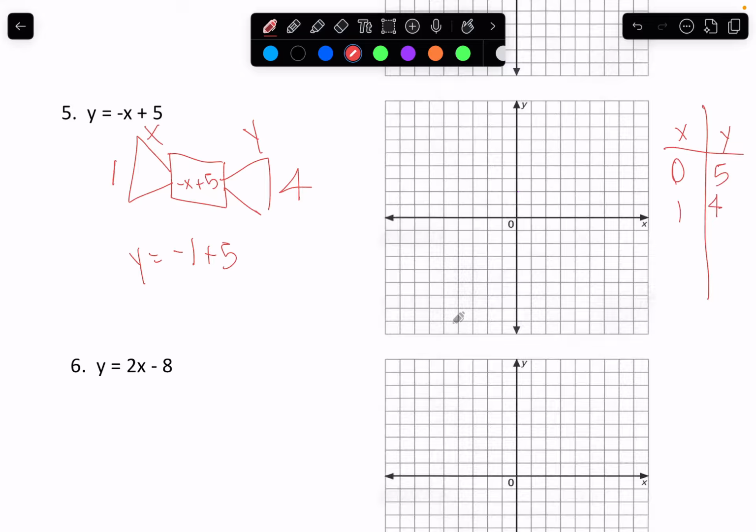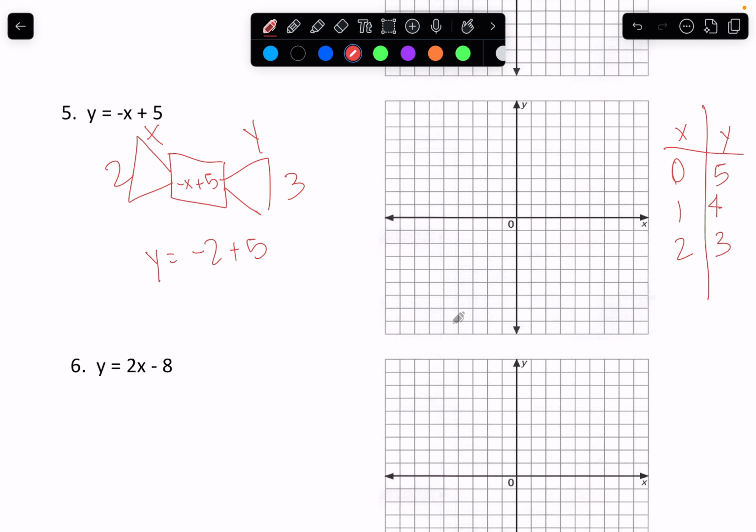Let's put a 2 in for x. A 2 in for x, I would get a y of 3. Okay, so I would just take these 3 points, put them on my graph.